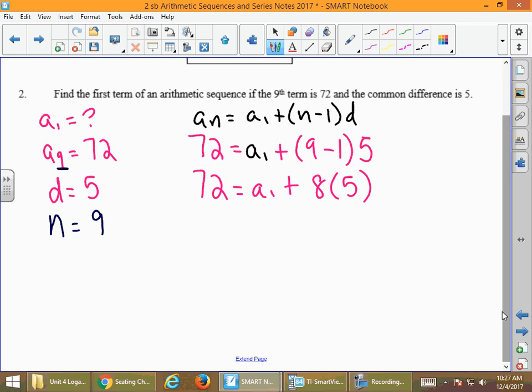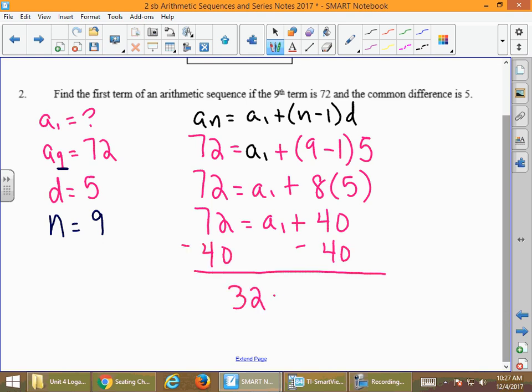And 8 times 5 is 40. And therefore, to figure out what a sub 1 equals, we can subtract 40. And we get 32 equals a sub 1. And there's our first term.